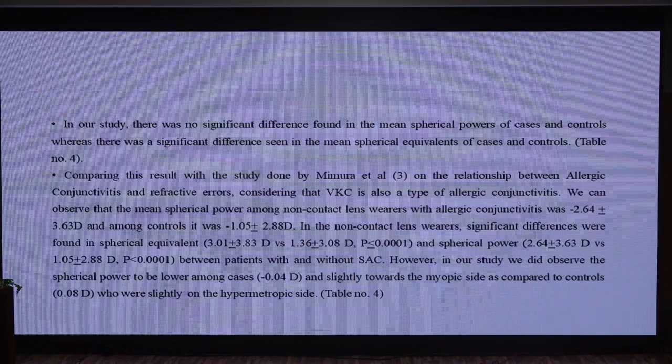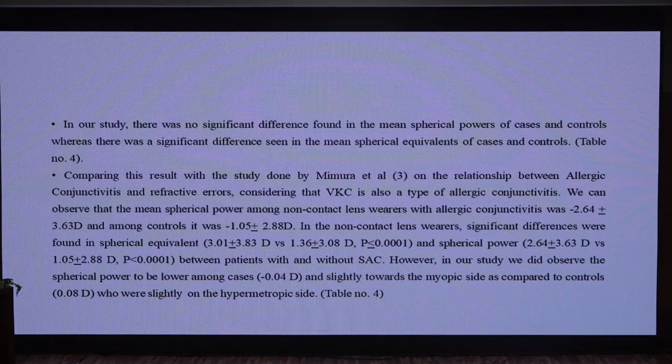Now, as we talked about before, there was no difference in spherical power of cases and controls overall, but when we saw the recurrent cases, we found that there was a difference. Why so? We said that there might be a temporal association, but in a study done by Mimura et al., they said that myopia is a risk factor for allergic conjunctivitis.